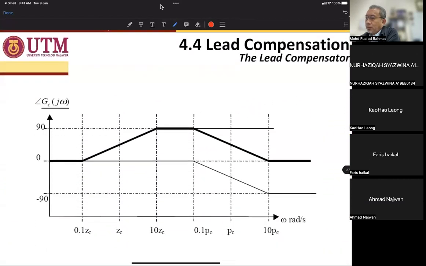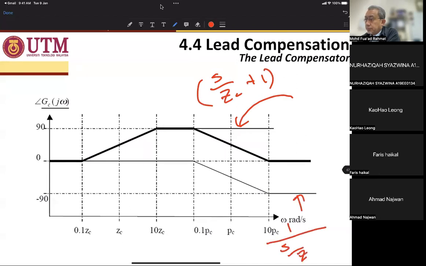And the phase as well, same as the phase as well. So you have three responses here. One is this one, this one, where PC is the break frequency and ZC is the break frequency.